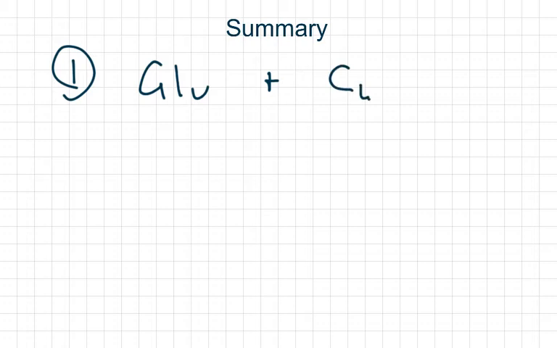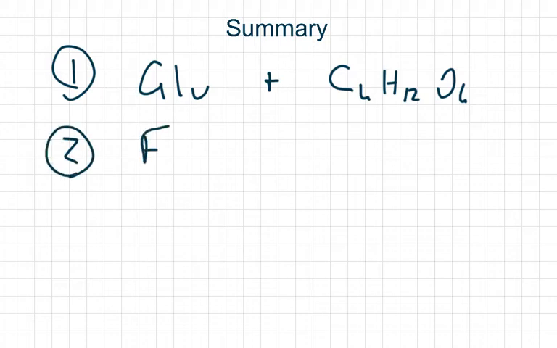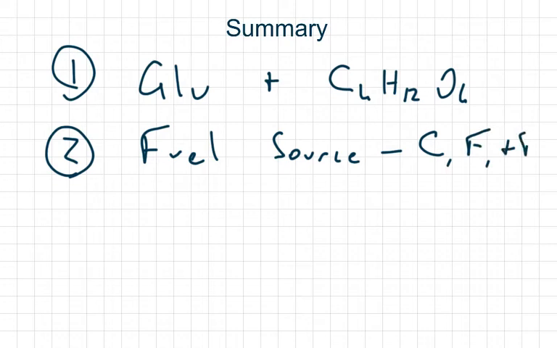So I know we've covered a lot in this video, and so let's do a quick recap. We covered four main areas. First is what glucose is and its chemical structure, which we said was C6H12O6. Second, we discussed the different types of fuel sources. And those were three types. Those were carbs, fats, and proteins.